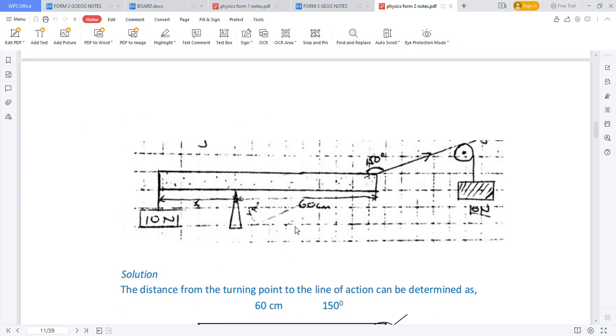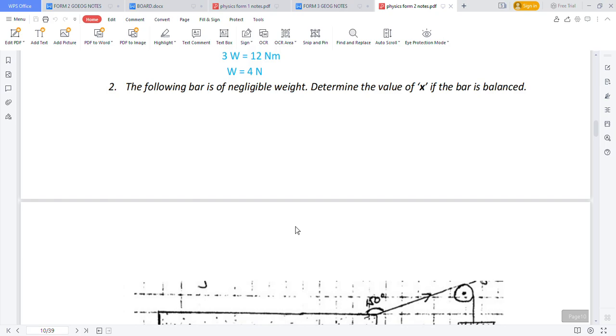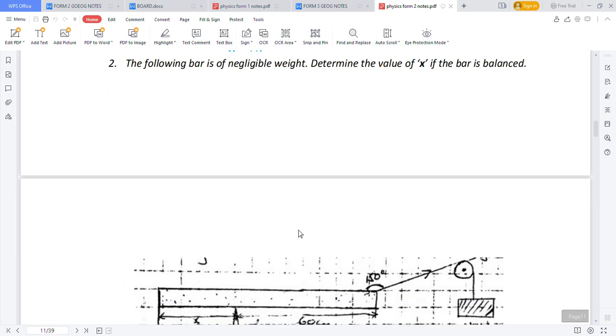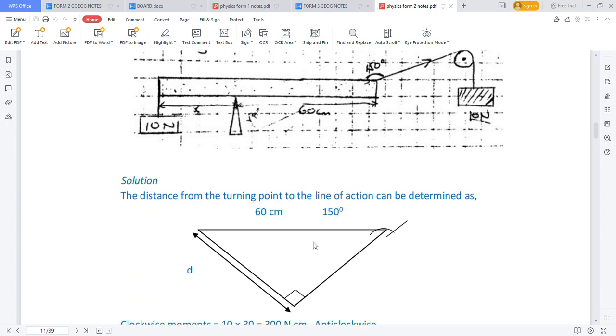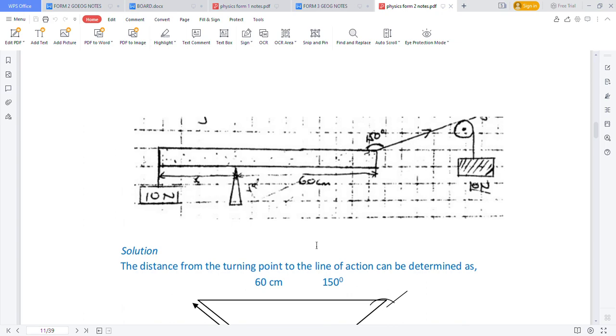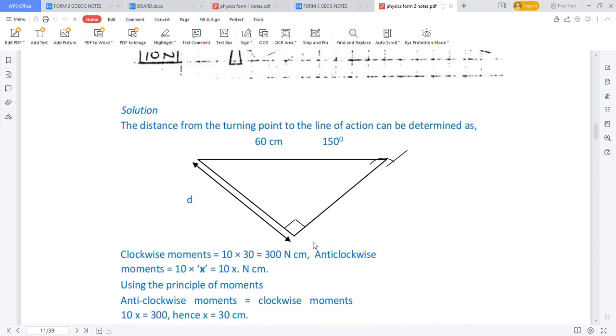Let's come here. This is now of angle. The following bar is of negligible weight. Determine the value of x if the bar is balanced. So you can see this angle here. The diagram is not that clear, but the solution is this.